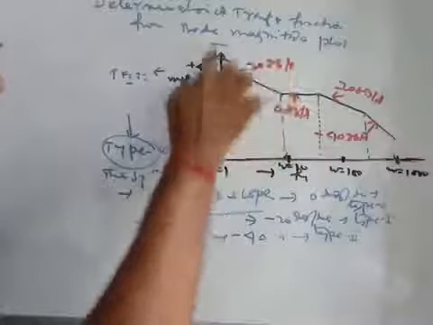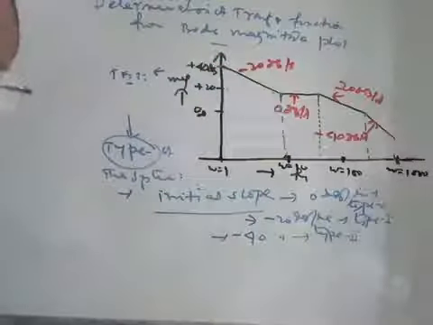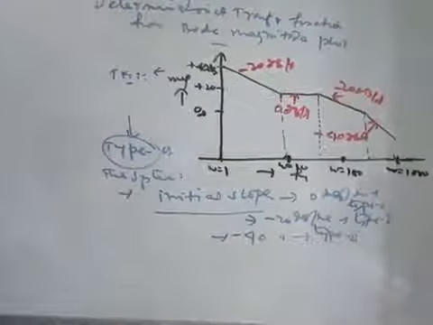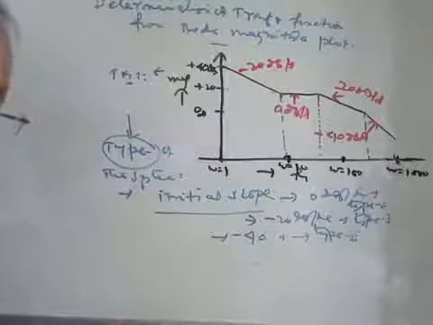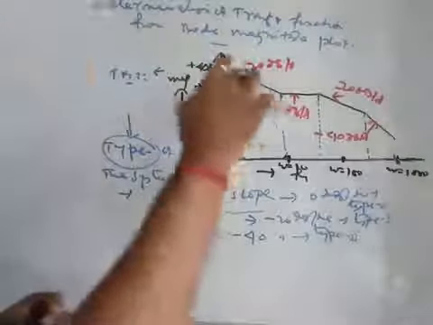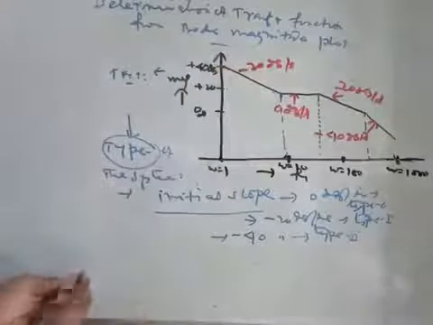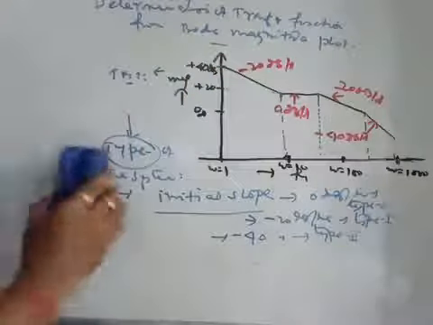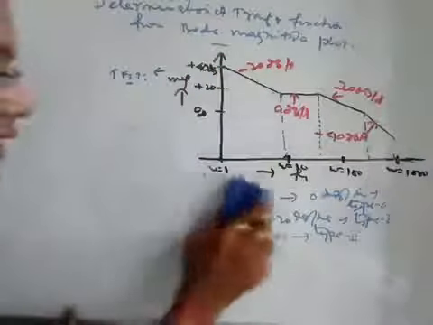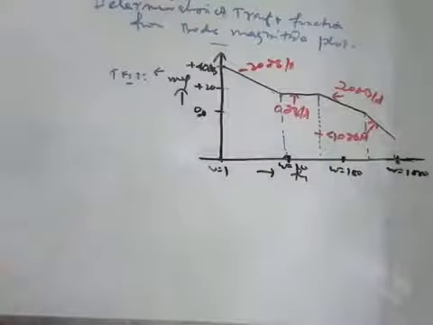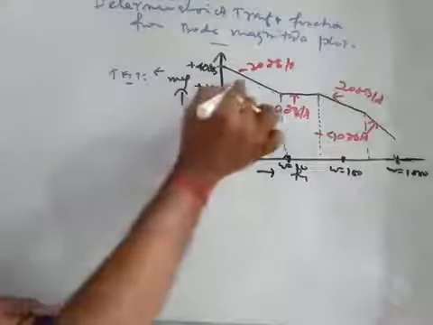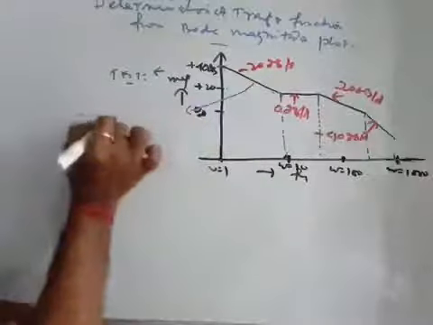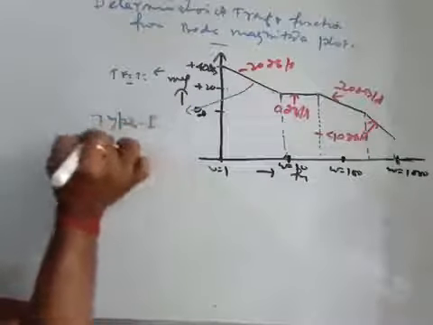Here you see clearly it is minus 20 dB per decade, so according to this structure, definitely this is a type 1 system.